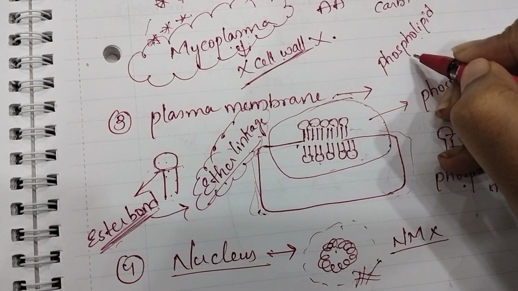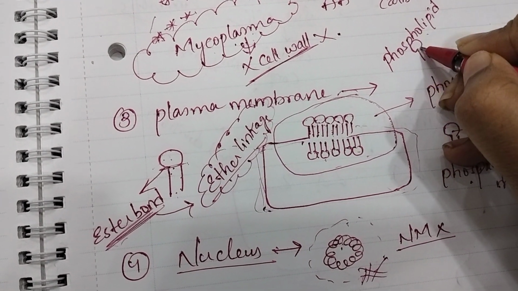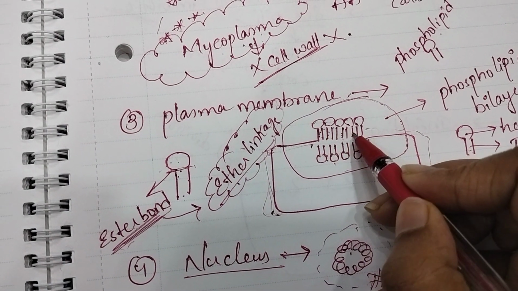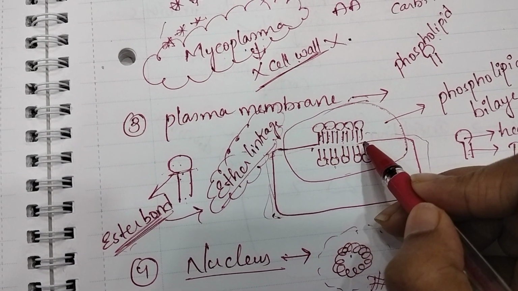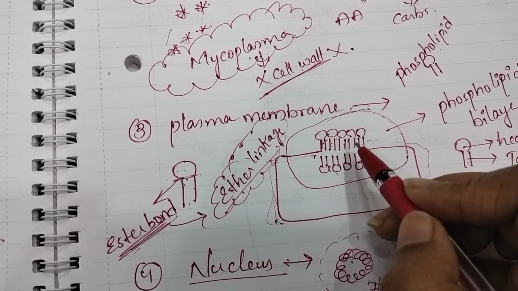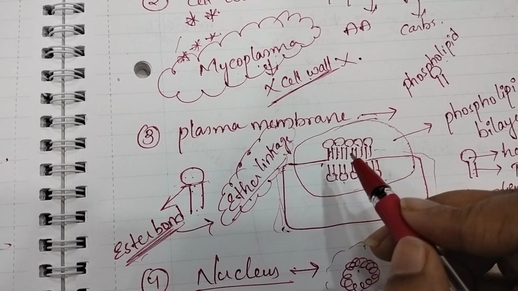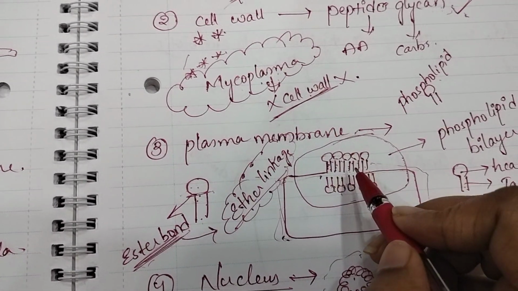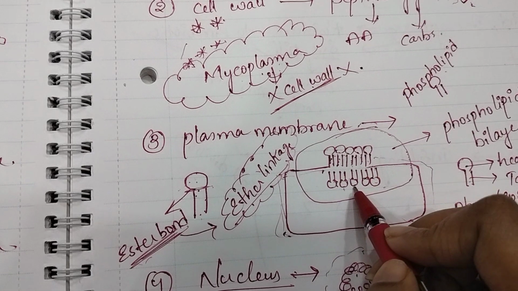All the phospholipid molecules collectively form a layer, arranged in two layers. This is called a phospholipid bilayer.